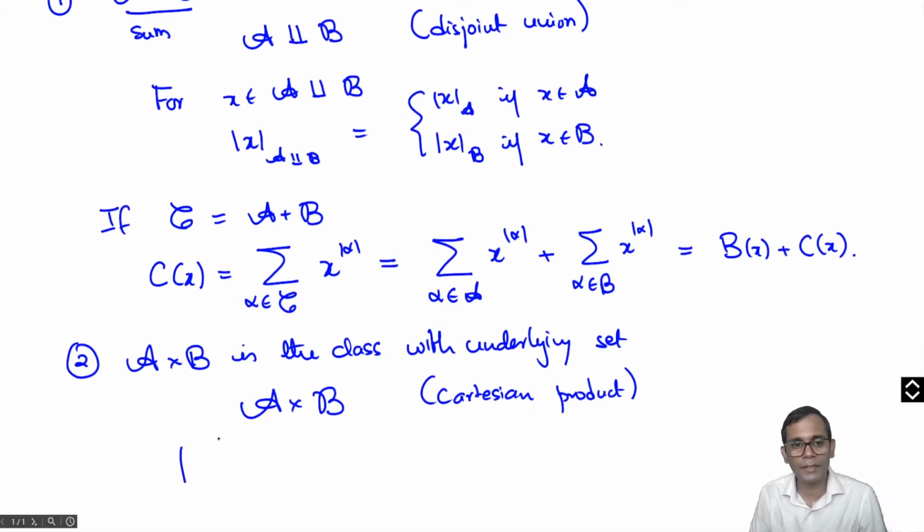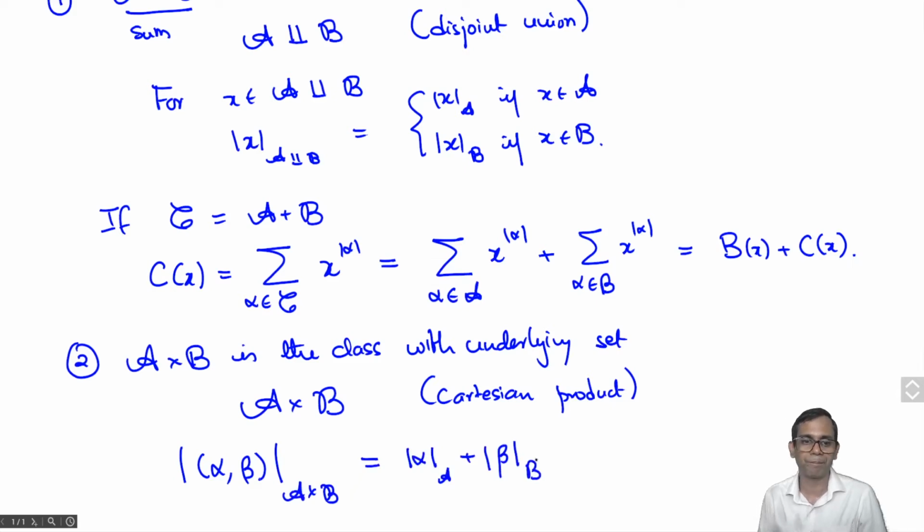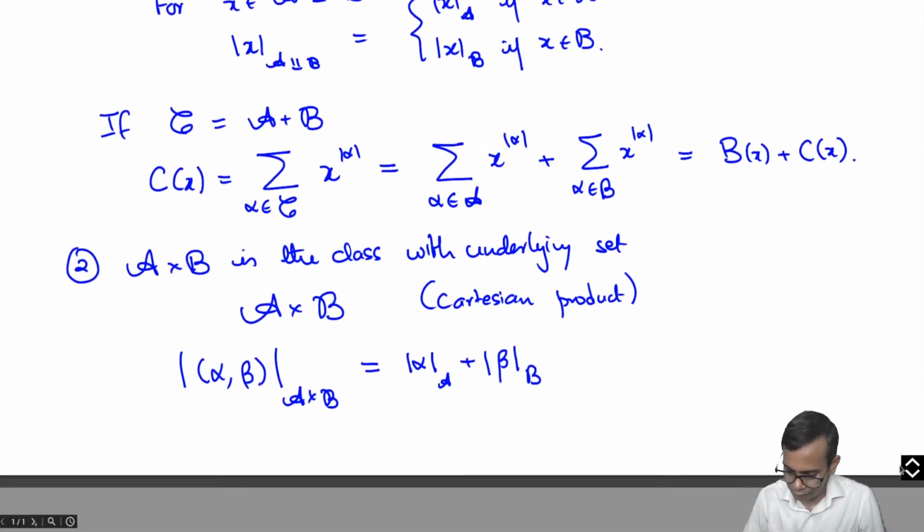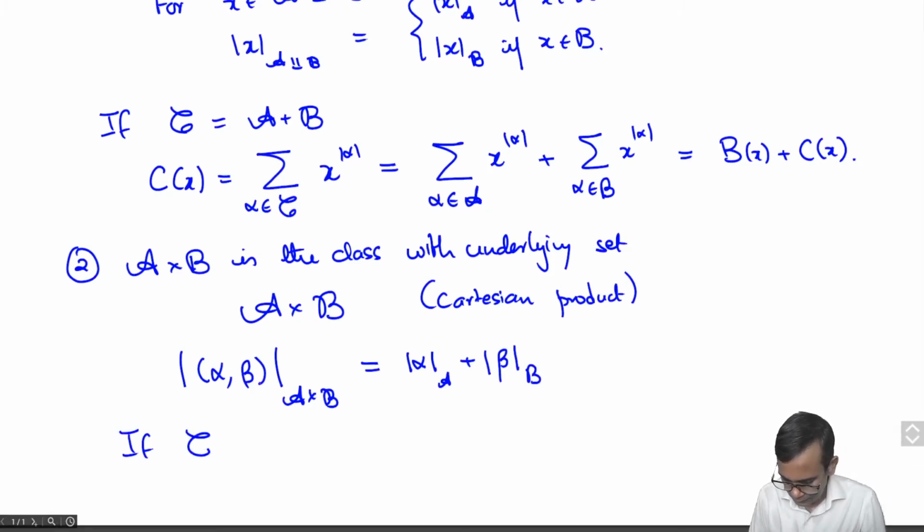So if I have an element of A cross B, it's of the form (alpha, beta), where alpha is in A and beta is in B. I'll just define its size to be the sum of the size of alpha in A and the size of beta in B.